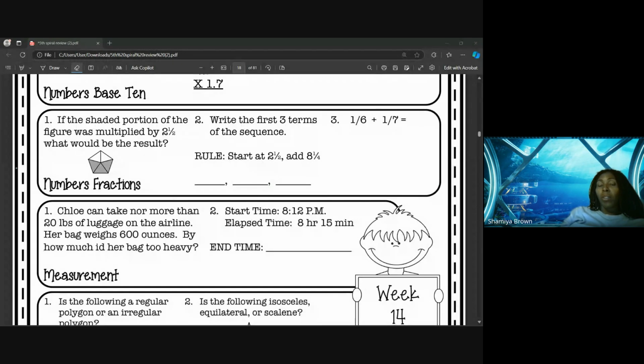Now, the last one is just adding 2 fractions, but they have different denominators, so I need to find my least common multiple. So for 6 and 7, if I listed my multiples, I would have to just go. But I know that for these two, the first thing they're going to have in common is what I get when I multiply these two digits together, which is 42.